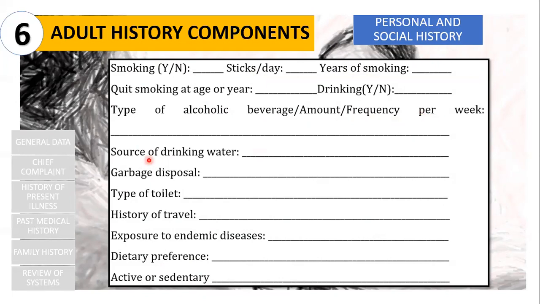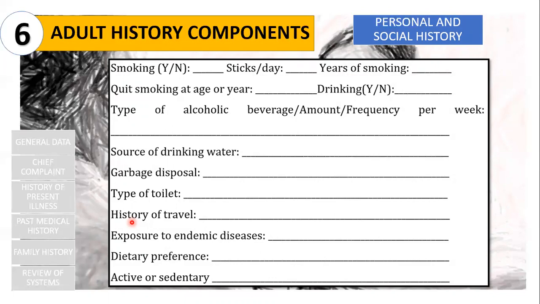Other data we ask are the following: the type of alcohol beverage, amount and frequency per week, the source of drinking water, garbage disposal, the type of toilet, flush type or manual, and an important factor is the history of travel. This is special nowadays from our current situation of global pandemic.